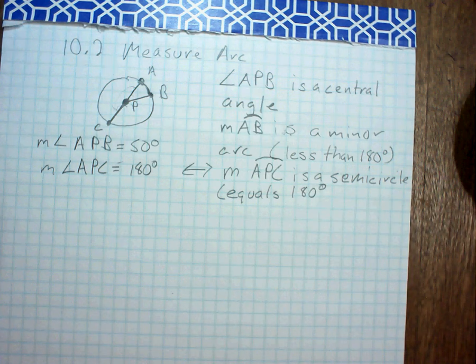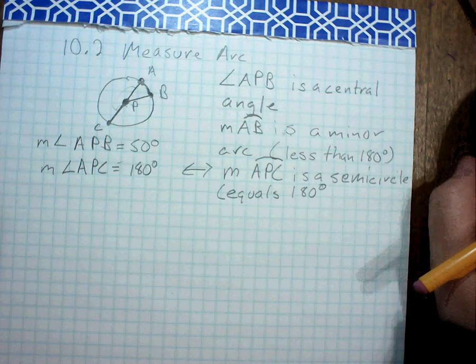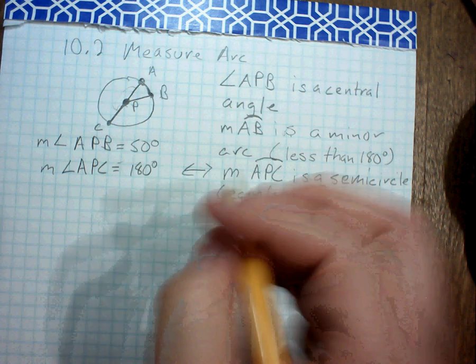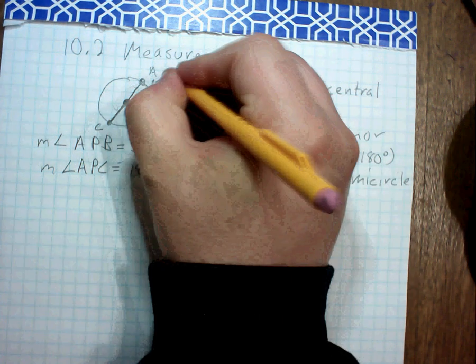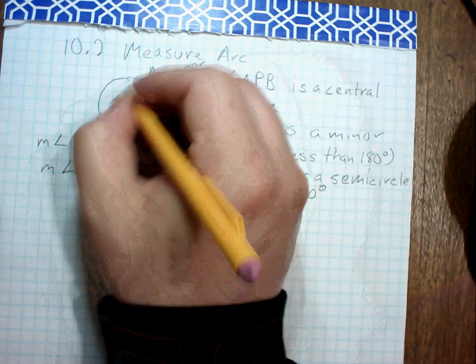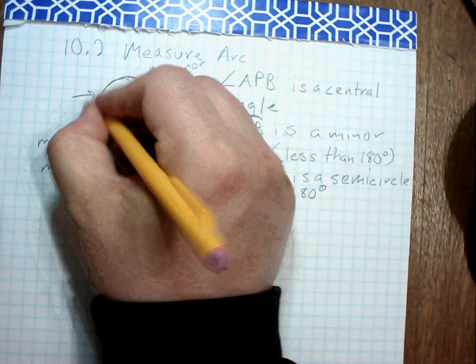Okay? And then lastly, the major arc. So this is a minor arc, and then from here to here, that's a semicircle.